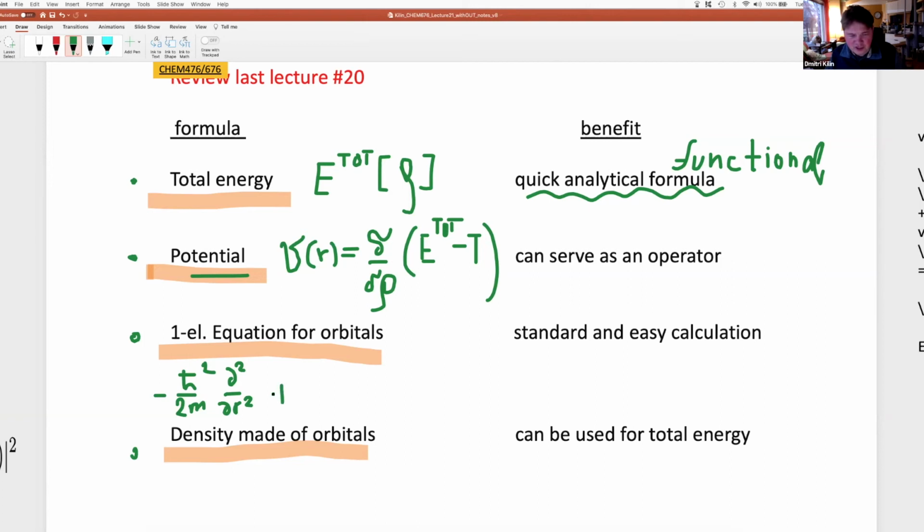So this was kinetic energy plus potential. And this one electron Hamiltonian is applied to the unknown orbital function and generates the energy of the orbital and allows us to find the orbital itself. So this is the equation that we were practically analyzing in the labs.